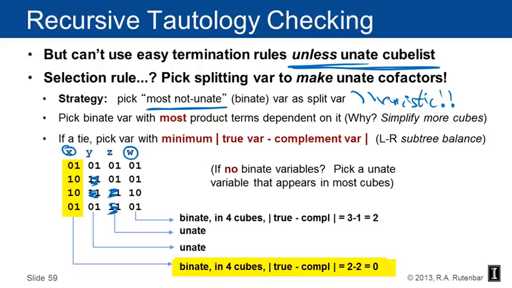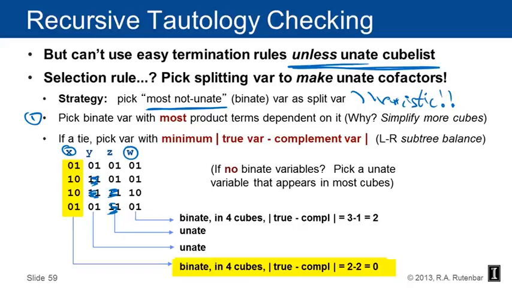But they are both present in 4 cubes. So your first heuristic, sort of your first rule, is pick the binate variable that appears in the most product terms. And the reason you want to do that is that you'll simplify more cubes. There's the possibility that more cubes will vanish. Right? So you want to pick the most binate variable that appears in the most cubes.